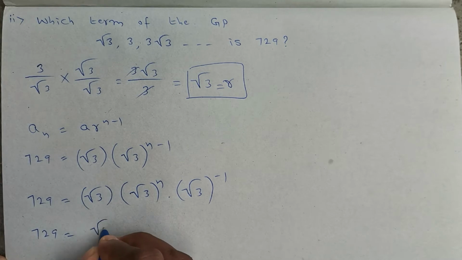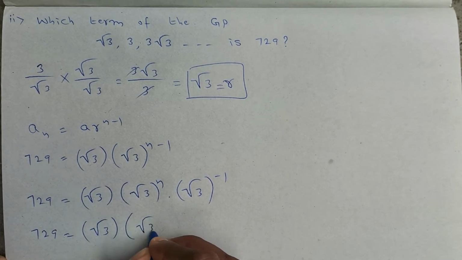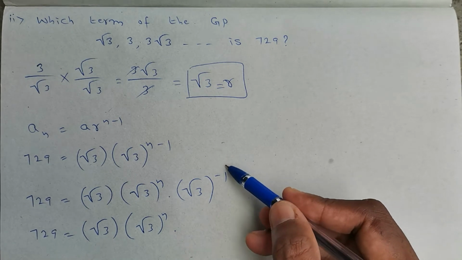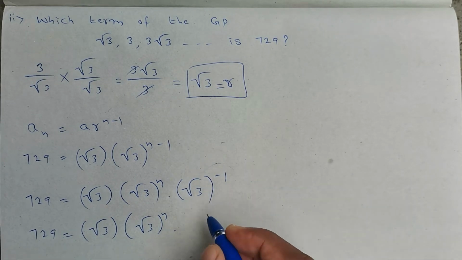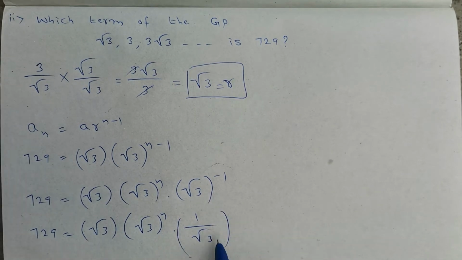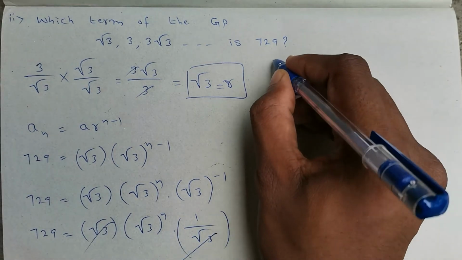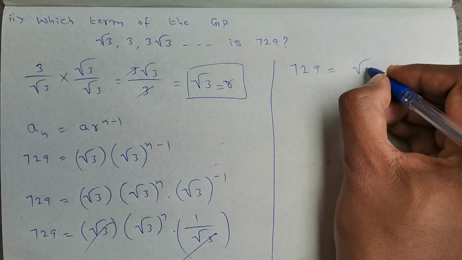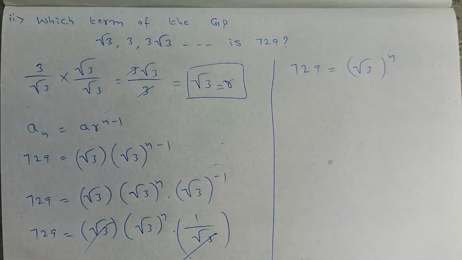Since the power is negative, this will become the reciprocal. Root 3 power minus 1 can be written as 1 by root 3. Here root 3 will get cancelled, so we remain with 729 is equal to root 3 whole power n.